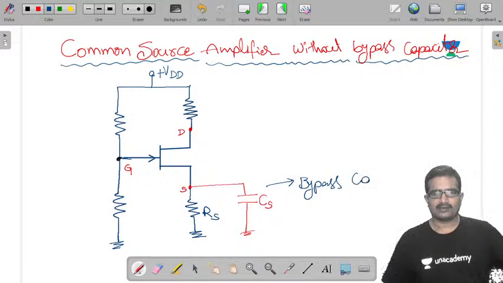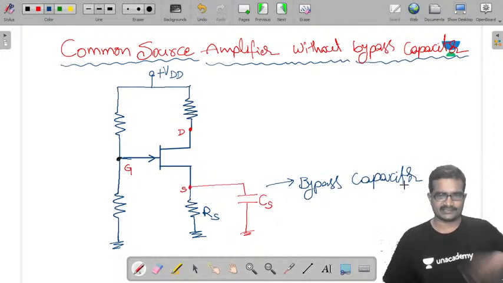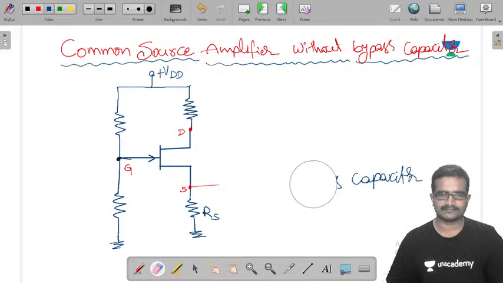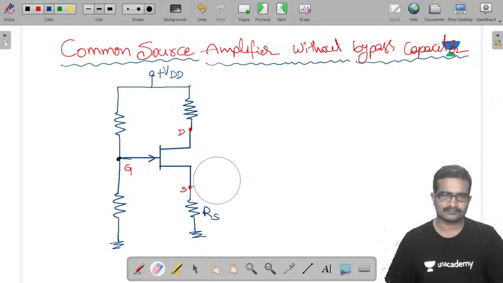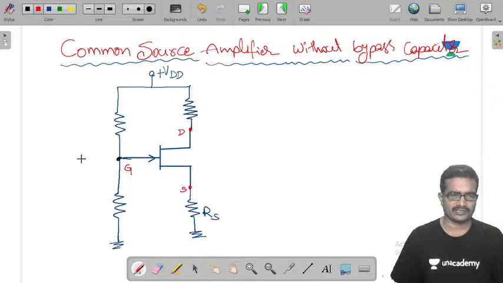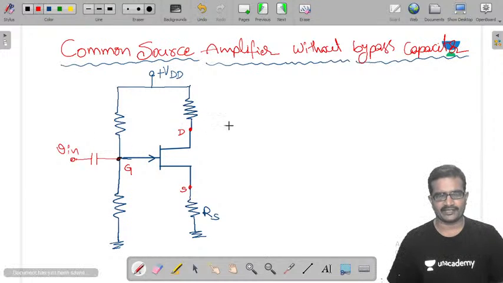Now I want to analyze this without the bypass capacitor, so I am going to remove it. That's it, no bypass capacitor. On the input side, the gate is connected to the input, and at the drain we take the output.